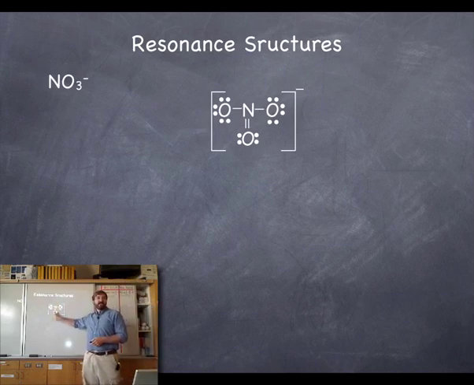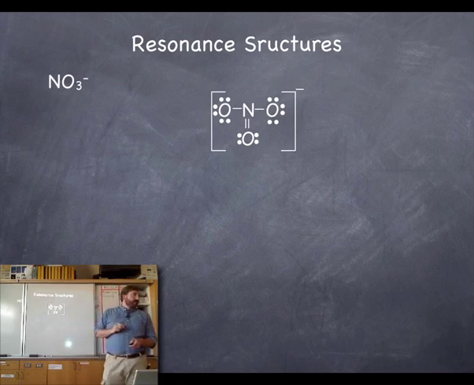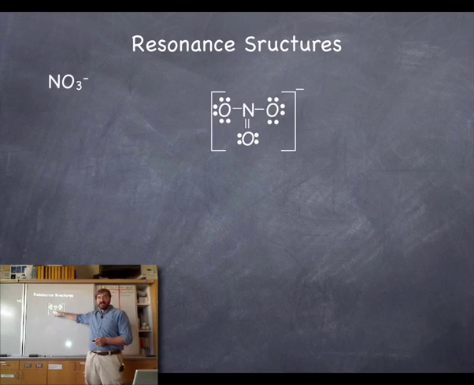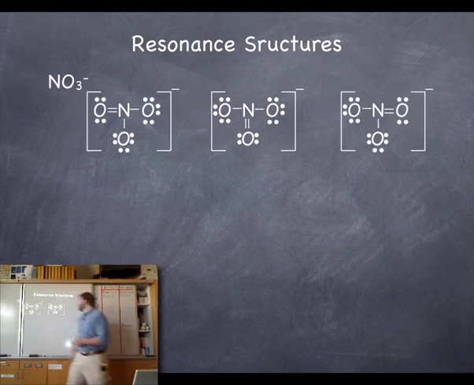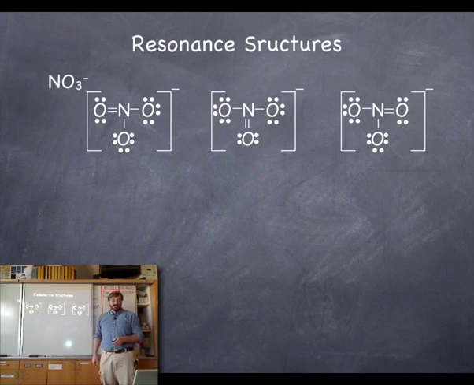Remember, all these atoms are going to obey the octet rule. But the question we ask ourselves is, I can draw the double bond on this oxygen, or I could draw it on that oxygen, or I could draw it on this oxygen. Which one is it? Can I tell them apart?